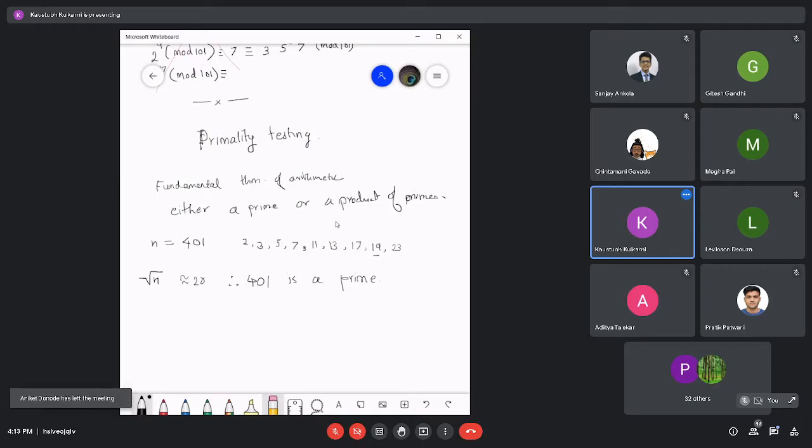So for example, let's say 401, assume that 401 is a product of two primes A and B, let's say.